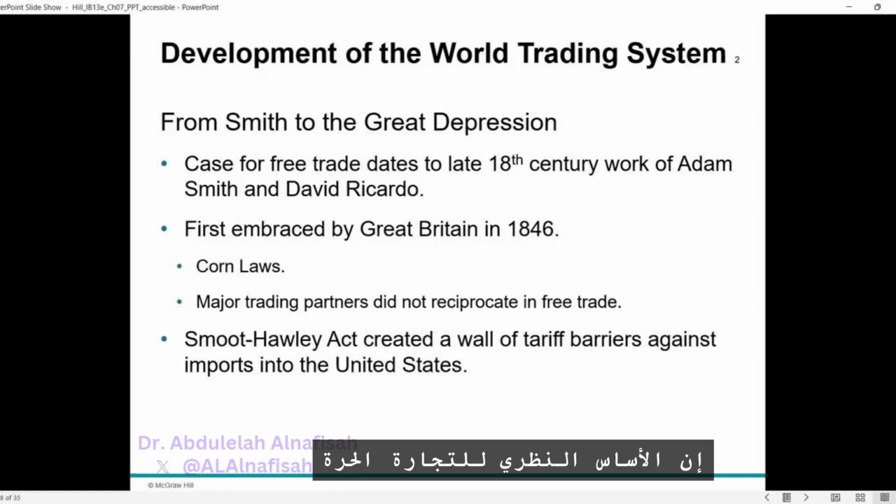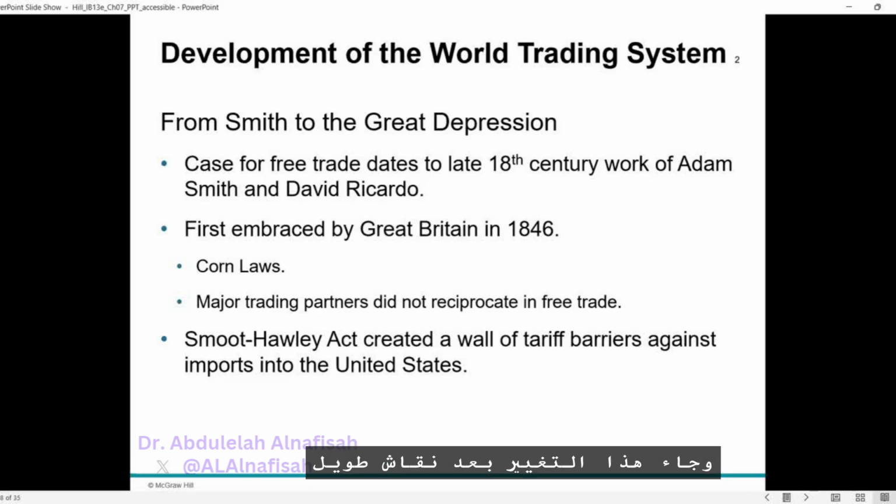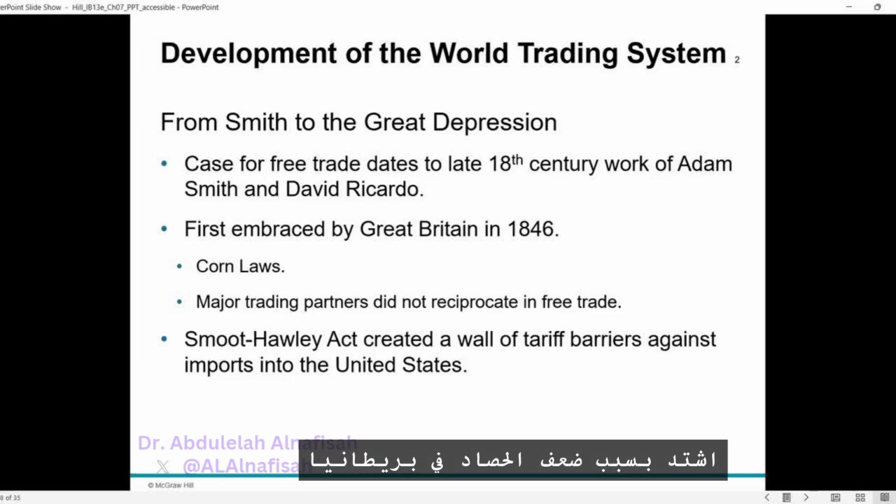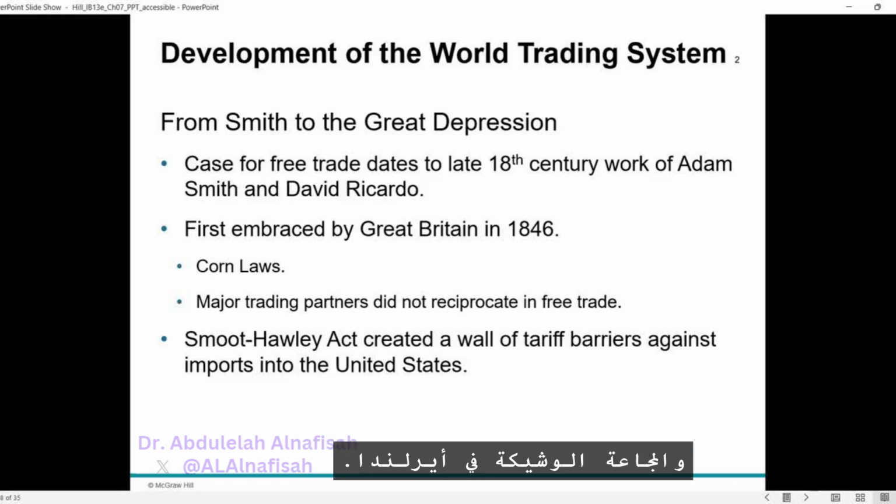The theoretical basis for free trade, developed by Adam Smith and David Ricardo in the late 18th century, was first adopted as official policy by Great Britain in 1846, with the repeal of the Corn Laws, which had imposed high tariffs on foreign corn imports to protect domestic producers. This change came after a long debate, intensified by a poor harvest in Britain and the looming famine in Ireland.